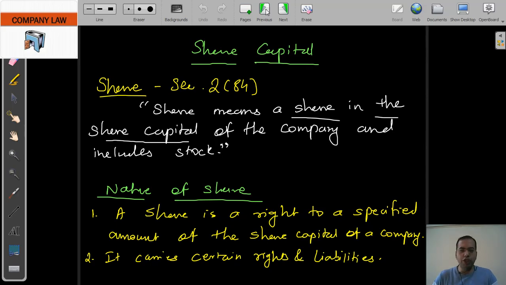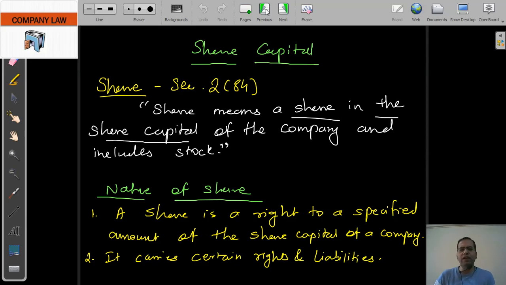So when I am a shareholder of the company, I will have to hold a certain number of shares. Then only I will become the shareholder of the company. So basically a shareholder becomes the owner in the company. If I am holding, let's assume, 10 equity shares, then I am the owner for that particular proportion in the total shareholding of the company.